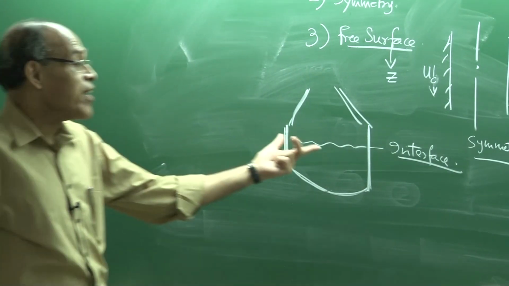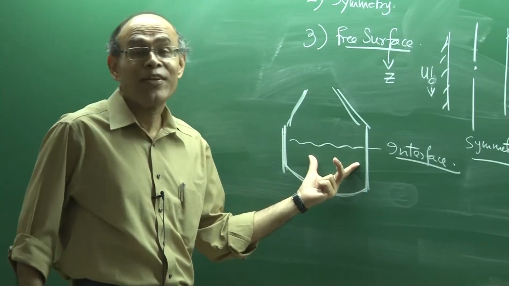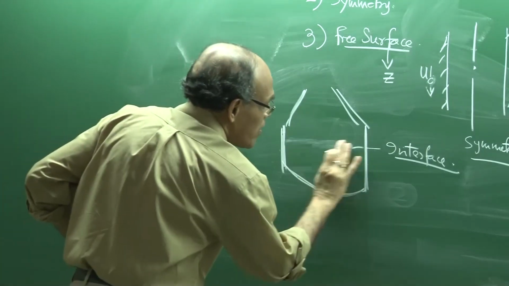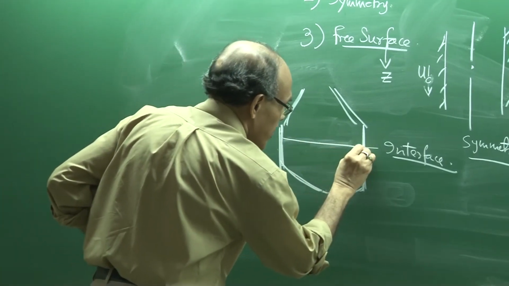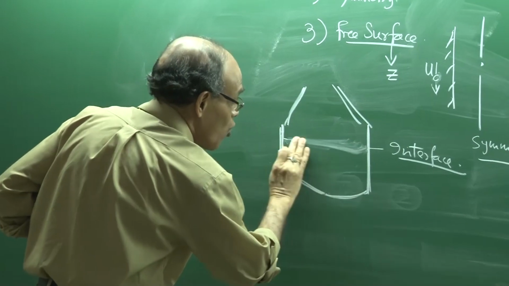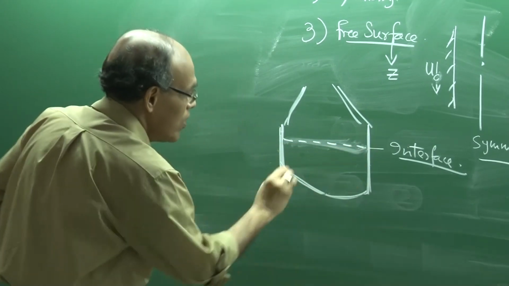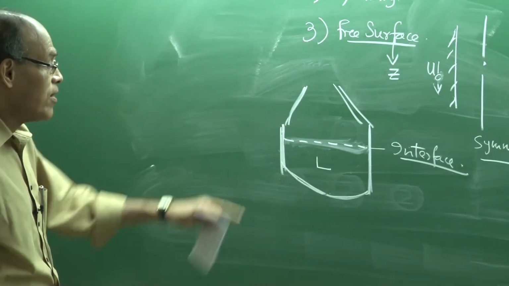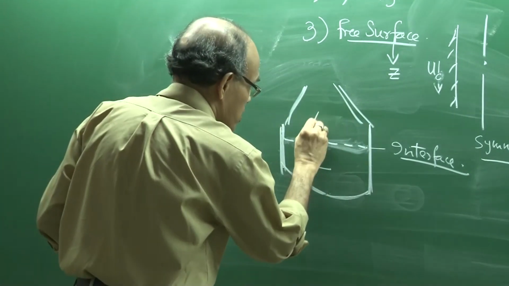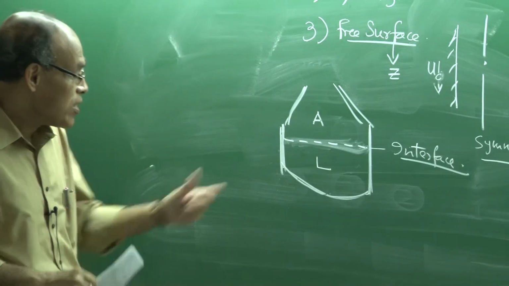This interface need not be horizontal, it is very complex, but if we assume that the interface is horizontal, in that case the interface is drawn not by a solid line, but like this. That represents the interface. So, this phase is the liquid contained in the vessel, and this phase is the ambient, and this is truly an interface.